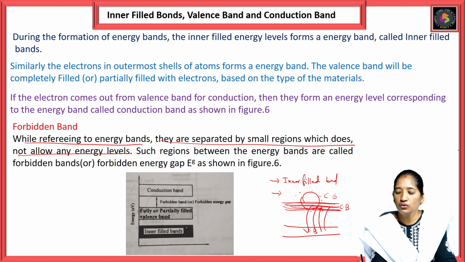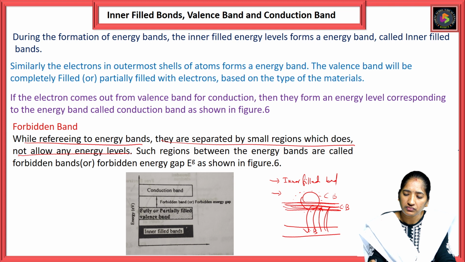So this is the conduction band and the valency band. For conduction, the electrons move from the valence band to the conduction band. Some gap will be available in between the conduction band and the valency band, called the forbidden band.